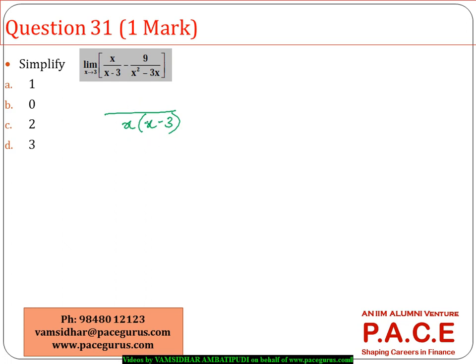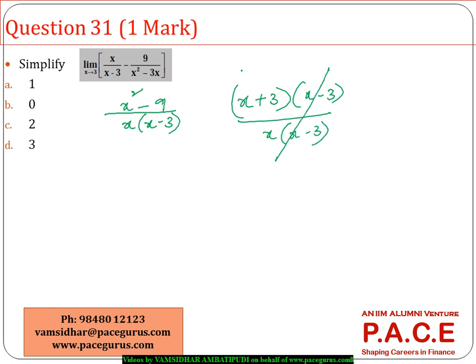So if I simplify it with the LCM, the numerator becomes x squared minus 9 by x into x minus 3, and I can write the numerator as x plus 3 into x minus 3 by x into x minus 3. Simplifying it, it becomes x plus 3 by x, and substituting x equal to 3, 6 by 3, working out to 2, making me mark C as the option choice for this question.